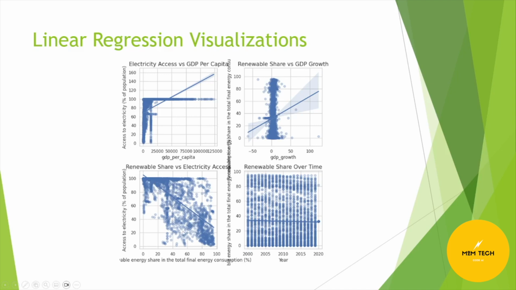But there's a nice spread that's almost to 100% of the countries that do. So there's not as many of these countries here, but it looks like that is something that is emerging. And then our fourth visualization here doesn't really tell us a whole lot because the dots are evenly spread across the chart.